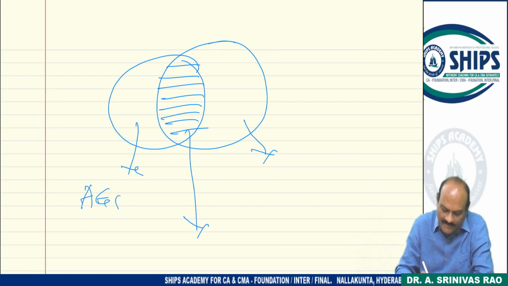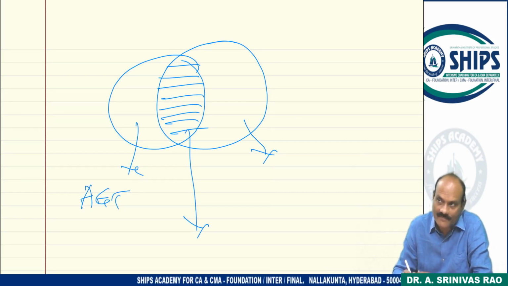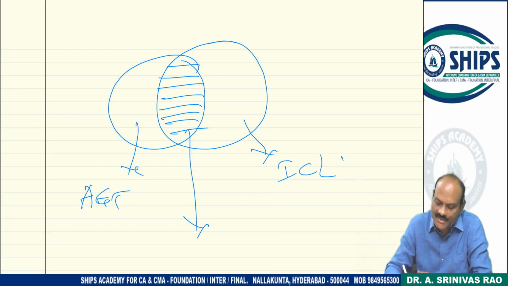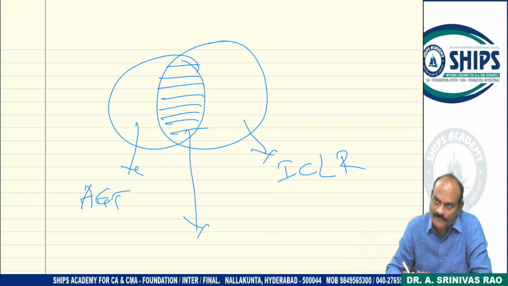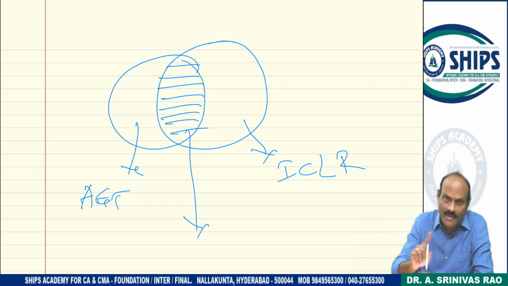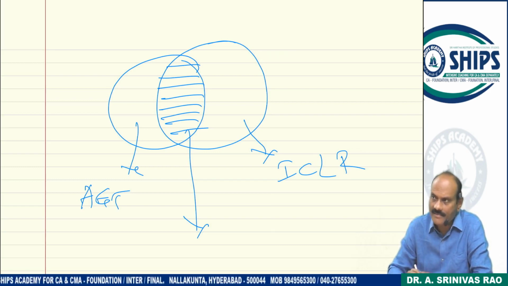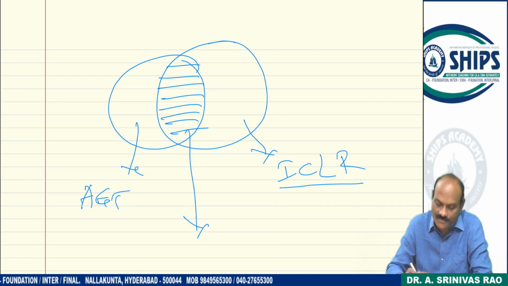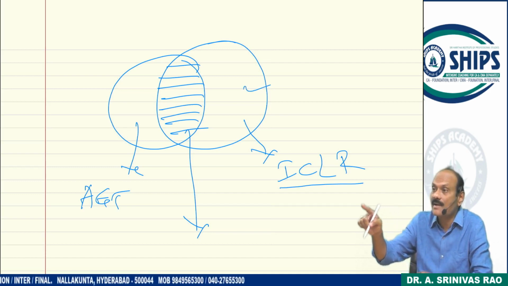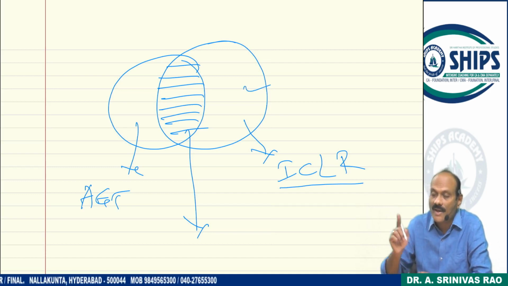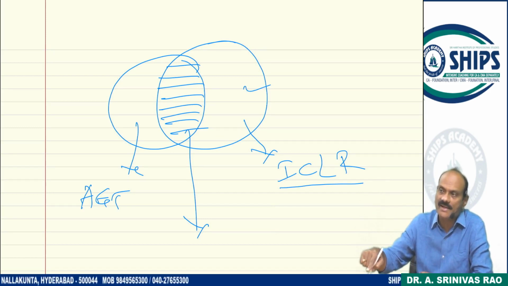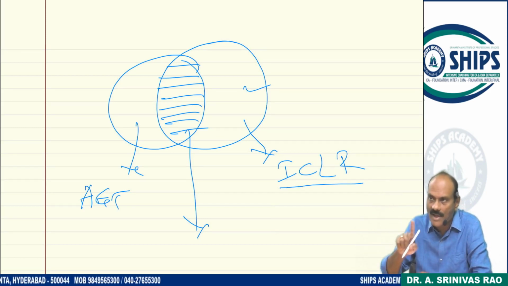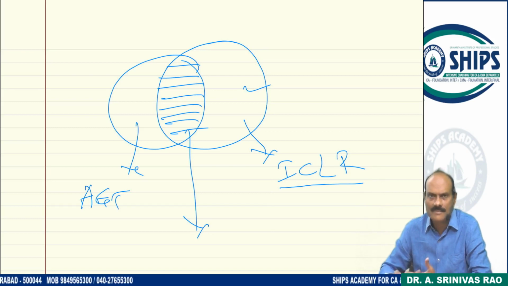One set is an agreement. The other set is the intention to create a legal relationship. Only an agreement is not a contract because all agreements are not contracts. The second set is the intention to have a legal relationship. If you have an intention to create a legal relationship but there is no agreement, it is not a contract.